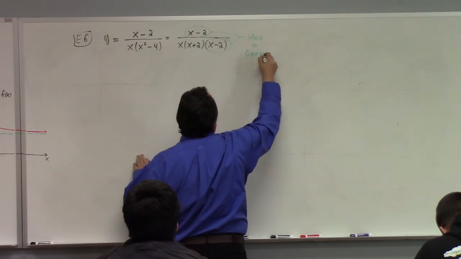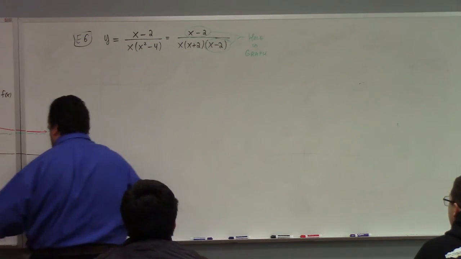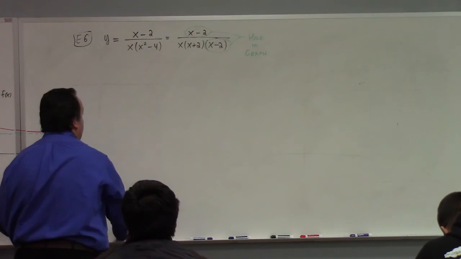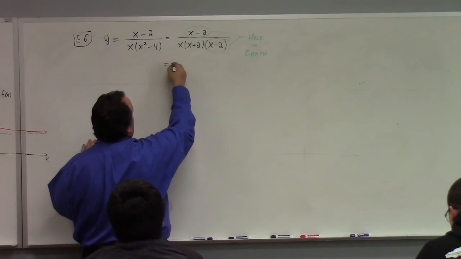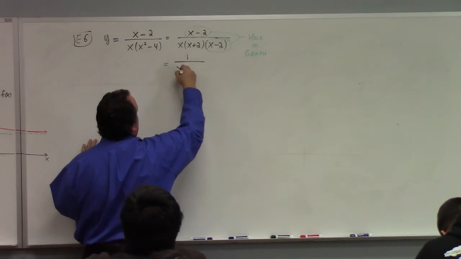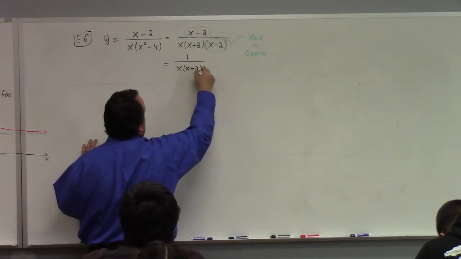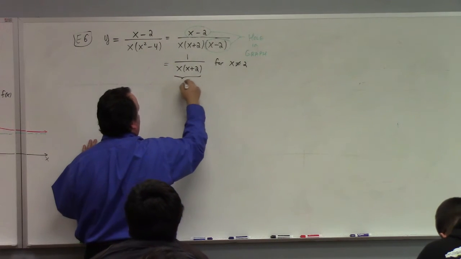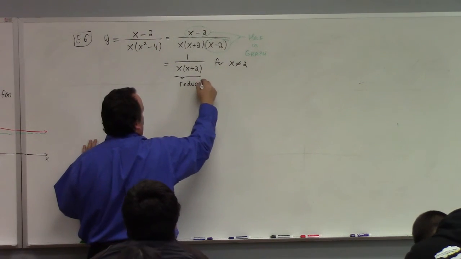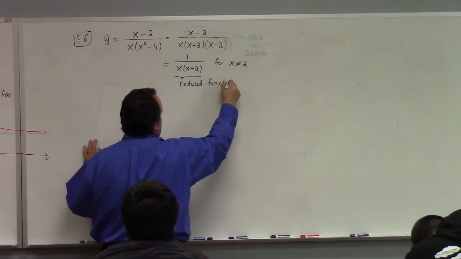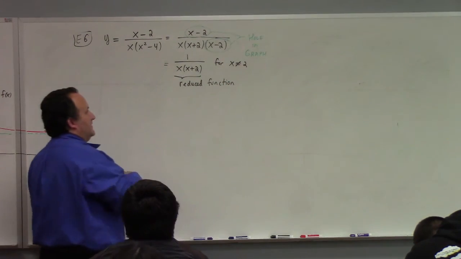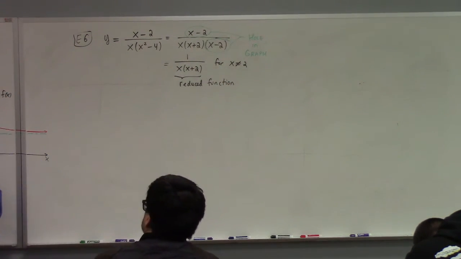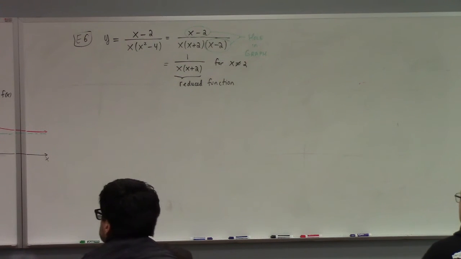If we look at that, this reduces to 1 over x times (x plus 2) for x not equal to 2. So this is called the reduced function. One way you could graph this is to graph the reduced function and then just add a hole where there's a hole in the graph.